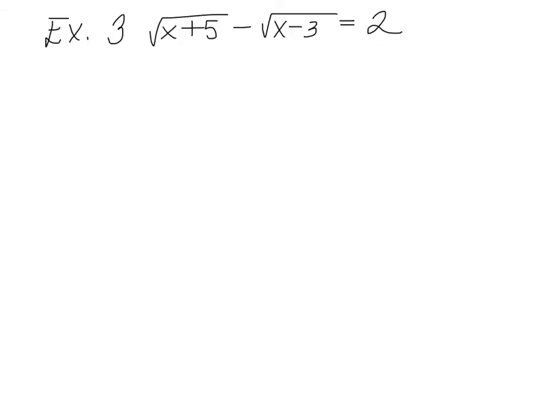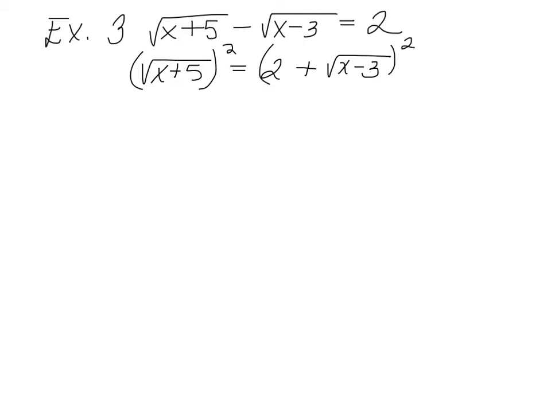Okay, and in this example, we have two radicals. So I'm going to move one of the radicals over. And then I still have to square both sides. Squaring means you're going to write this twice and FOIL it.